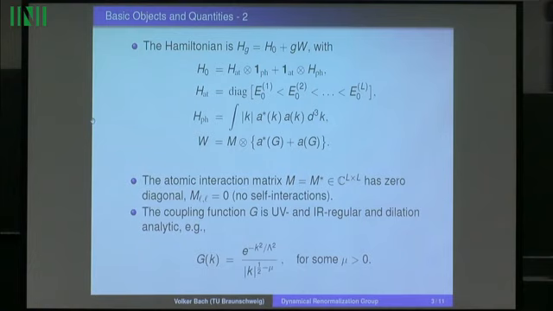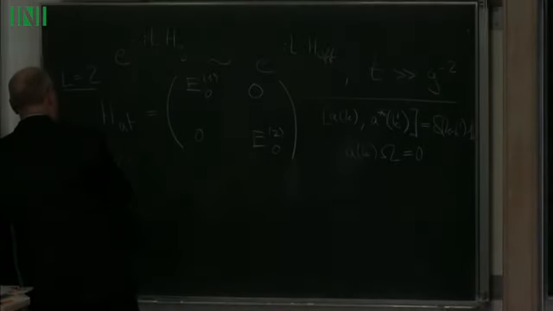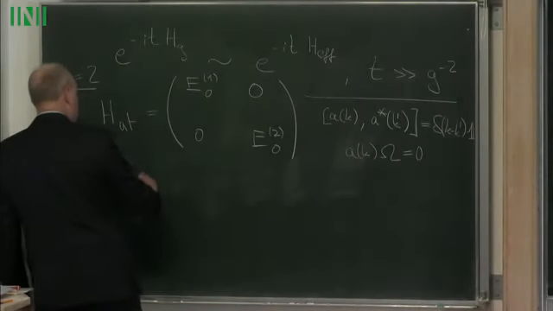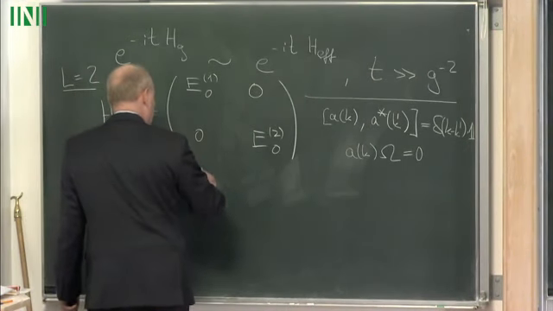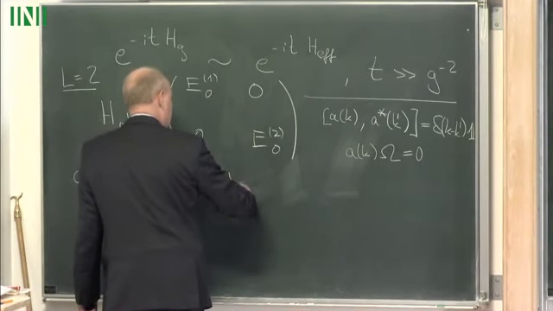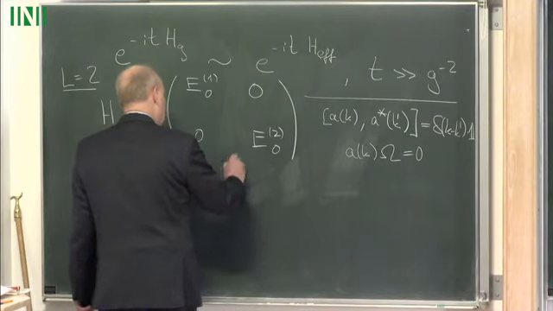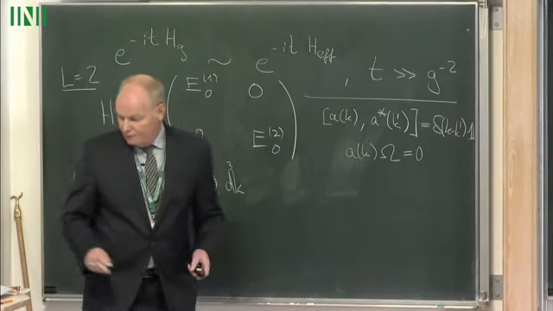Okay, now one word about this notation, A star of G and A of G. This means the formal integral of the creation operator against this function g of k.